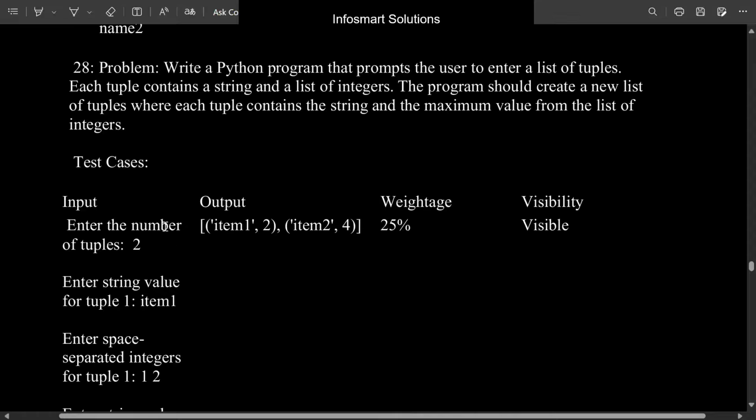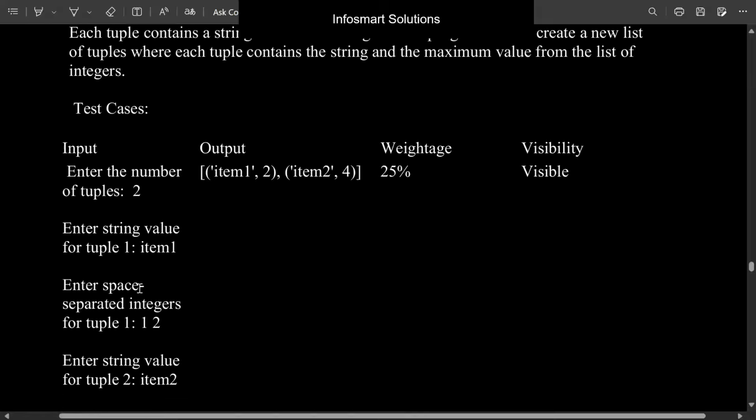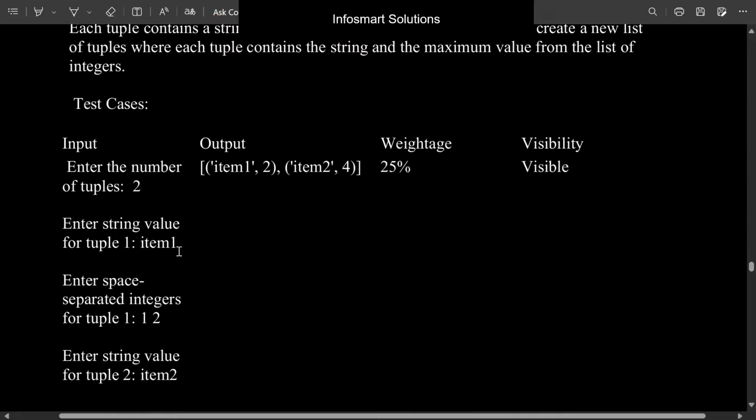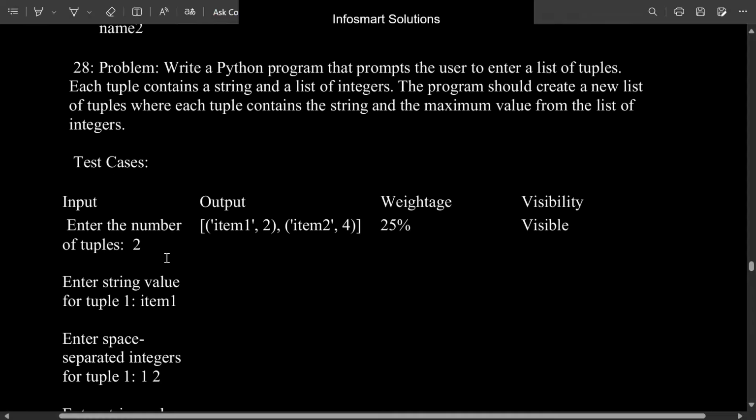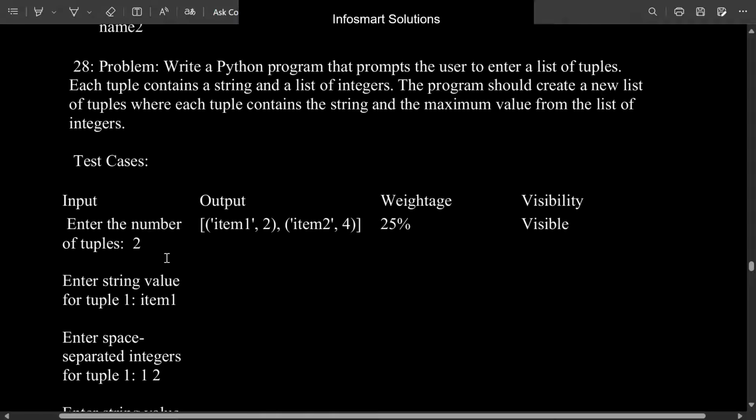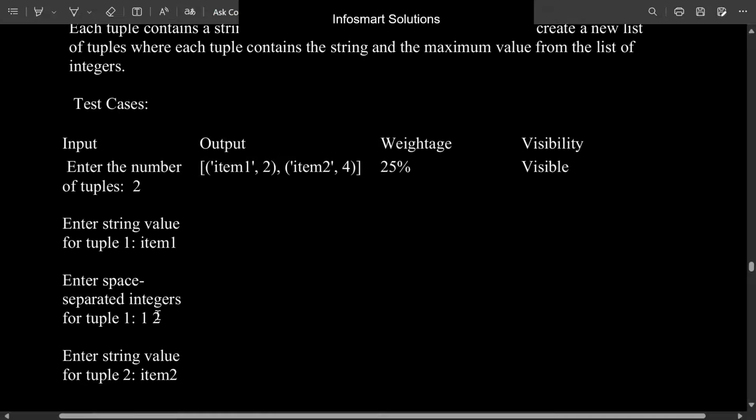So first we have taken input from the user for how many tuples he wants. So that is 2. Then we have taken input the string value of tuple 1, then the other one which is 1 comma 2.